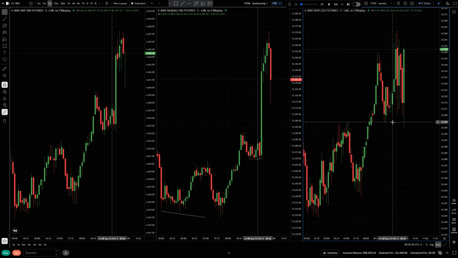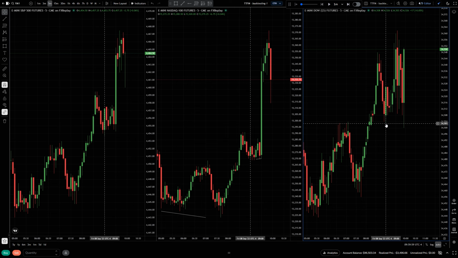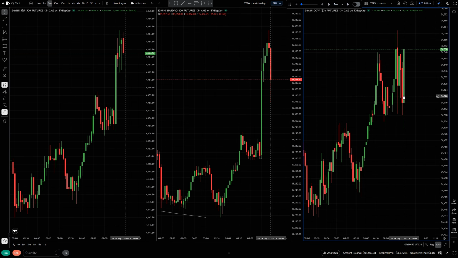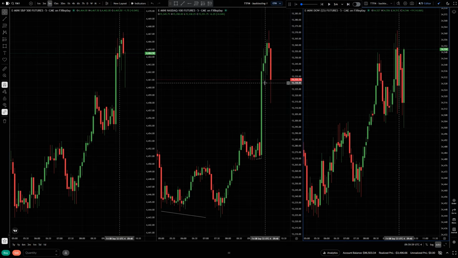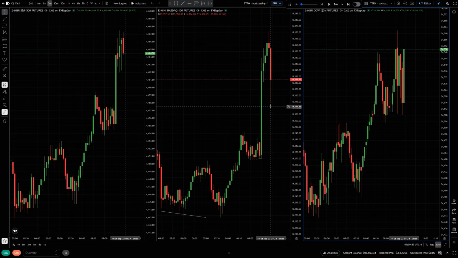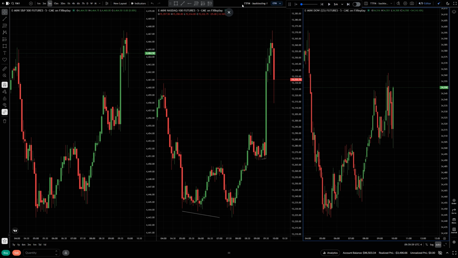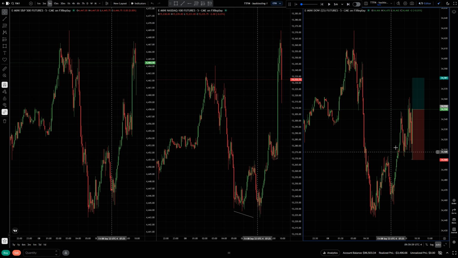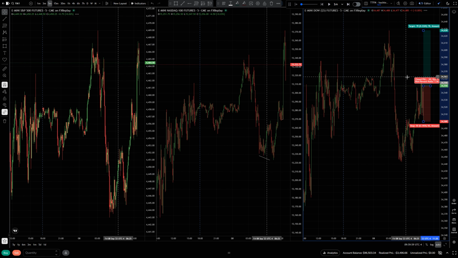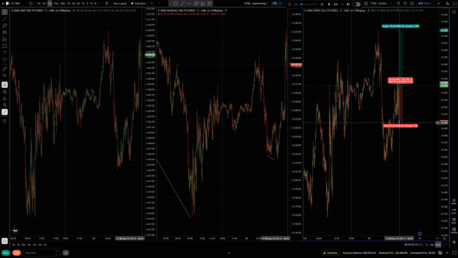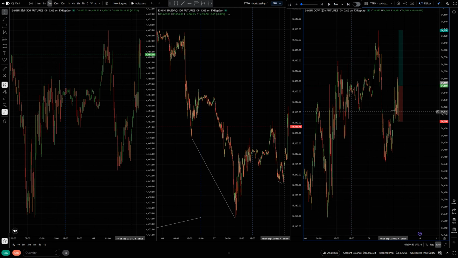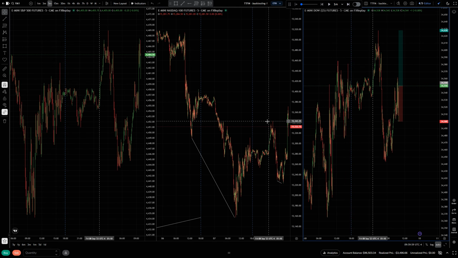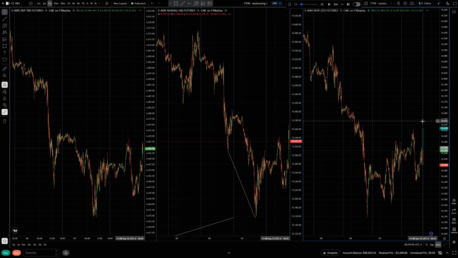So you can see that we have swept this low and closed bullish, while NQ swept this low but closed bearish. So that means that we can take the lagging asset to the high that is currently strength switching with NQ, so this asset can catch up to what NQ is doing.